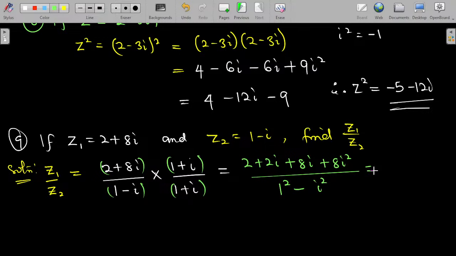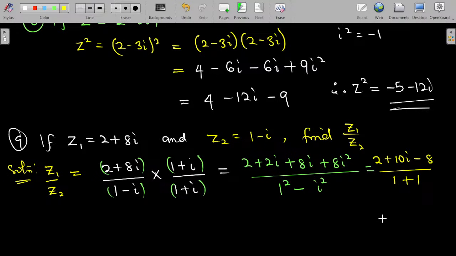Let's collect like terms. We have 2i plus 8i will give us 10i. i squared is minus 1 times 8 is minus 8. All over, this is 1, this is minus 1, and 1 minus minus 1 will give us plus 1.